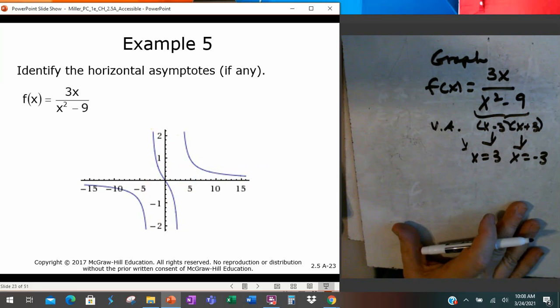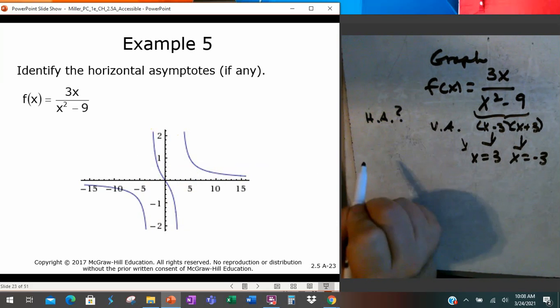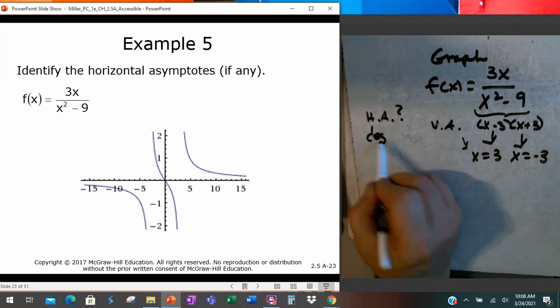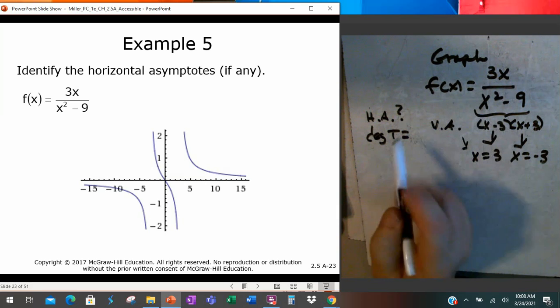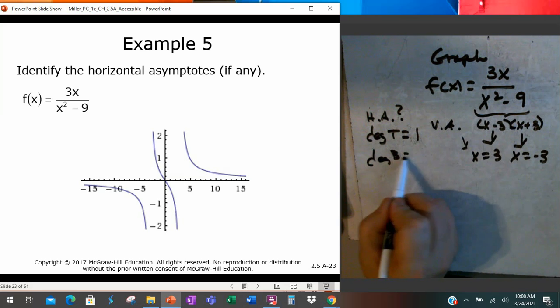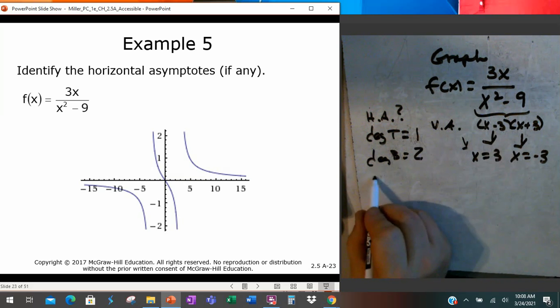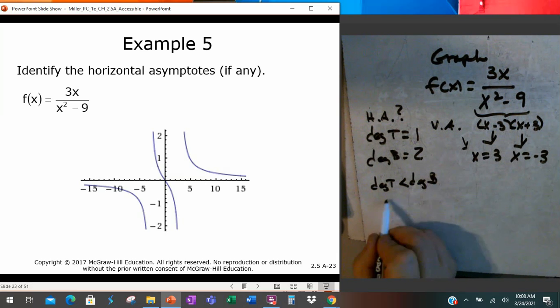Okay. How about horizontal asymptotes? This is what I've got to do. I just do the degree of the top. The degree of the top is equal to 1. The degree of the bottom is equal to 2. The degree of the top is less than the degree of the bottom, so y equals 0 is that asymptote.